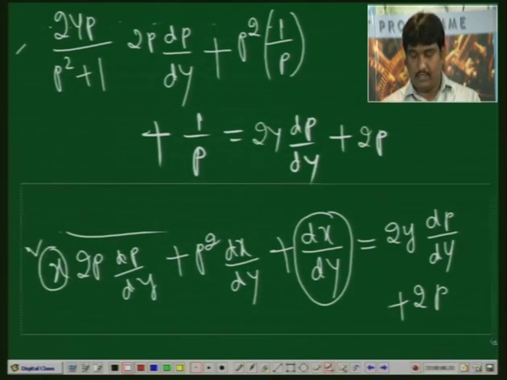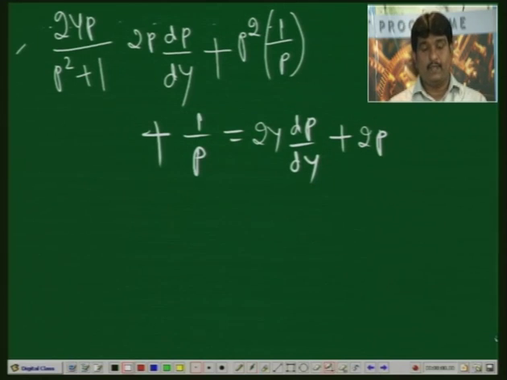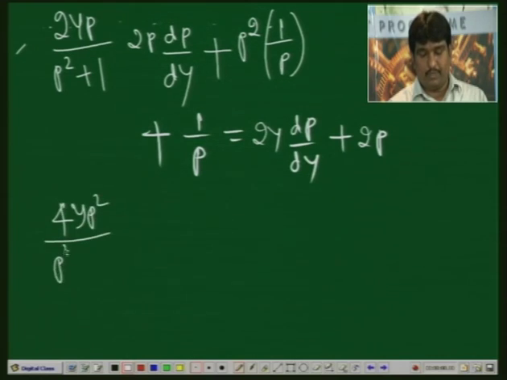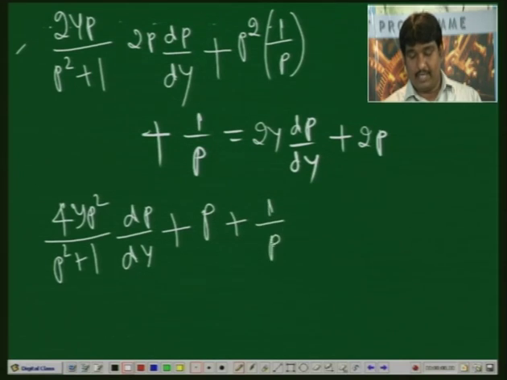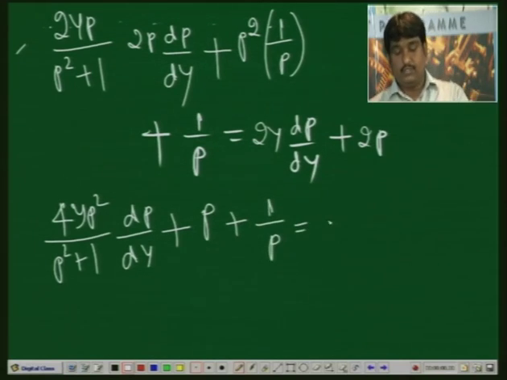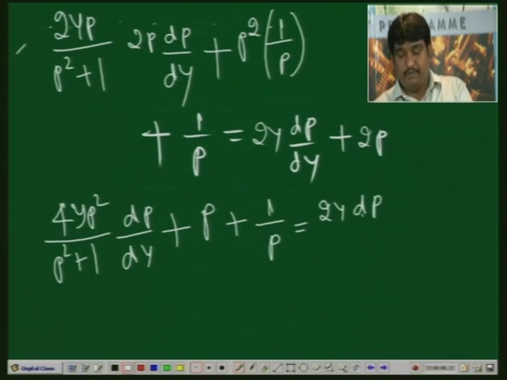We need a factor involving dp by dy. The first term is 4y into p square divided by p square plus 1 into dp by dy. For the second term, p square into 1 by p is p, plus 1 by p as it is, and this equals 2y into dp by dy plus 2p.